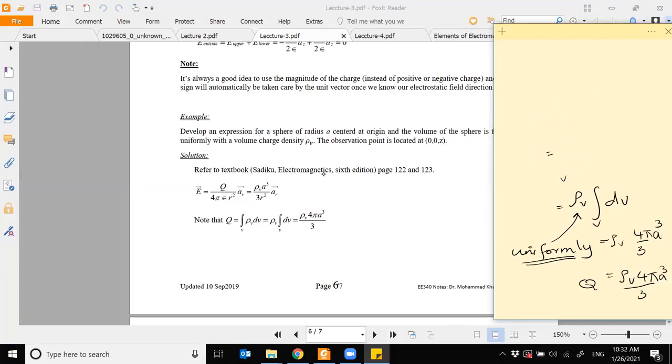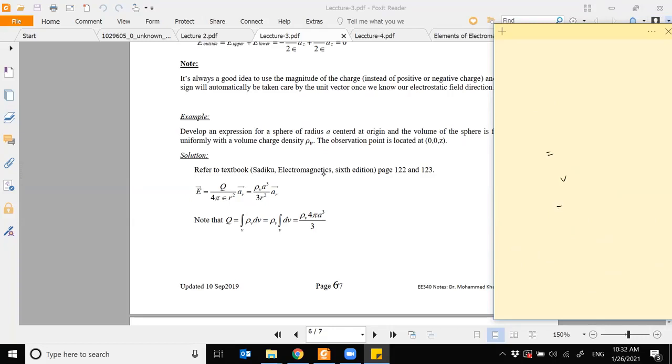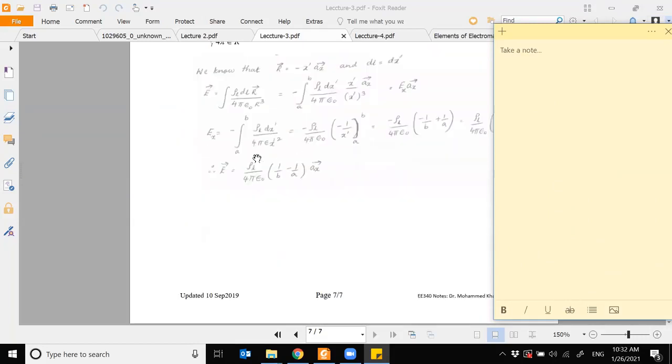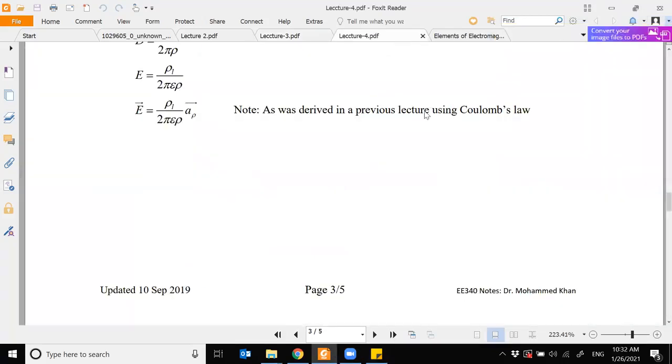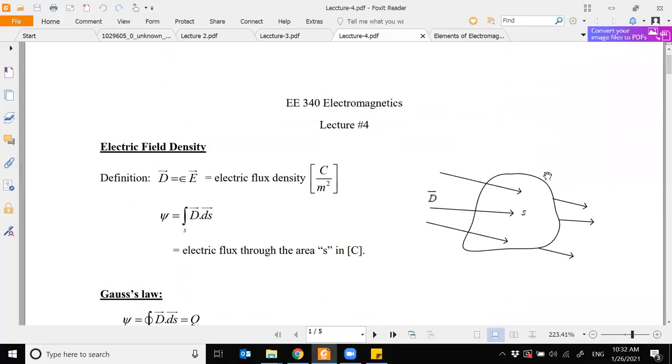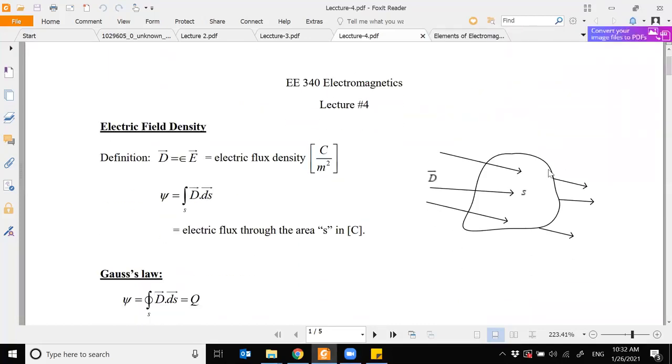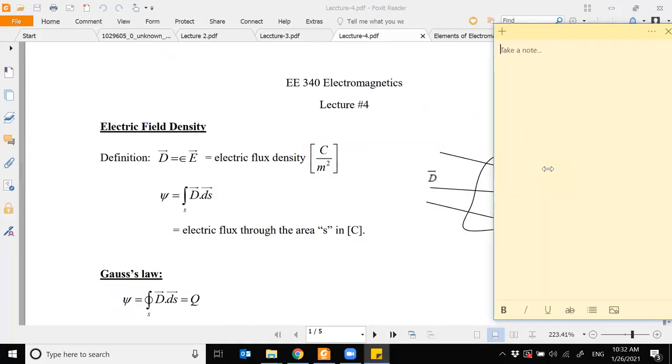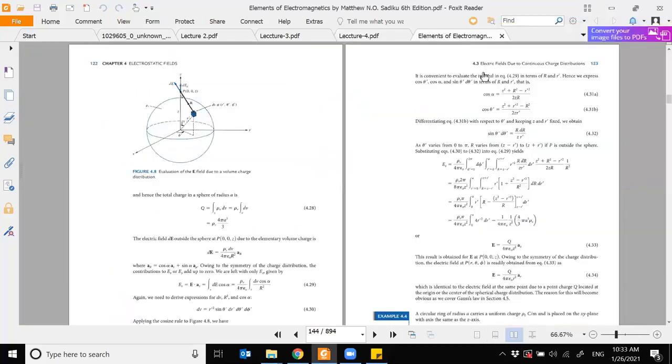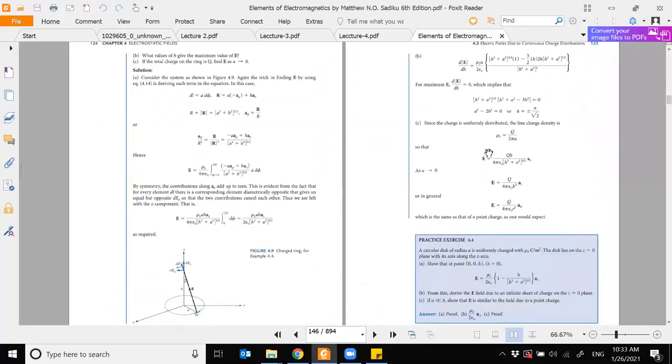So now let's go to the next part of our chapter number 4. We did this lecture, so let's go to the next lecture. Doctor, but the density is not uniform. If the density is not uniform, then what are you going to do?